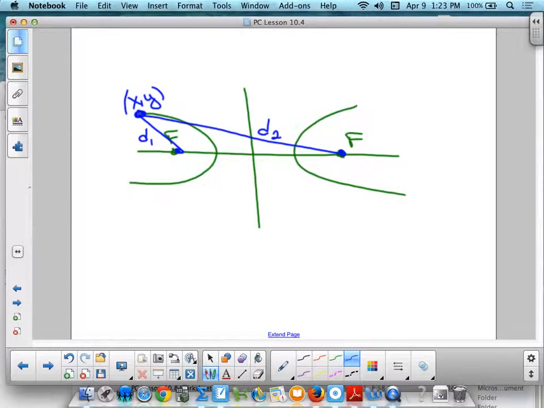What did you want me to do with those two distances? Oh, subtract them. There you go, it's subtraction. So you take the longer number, D2, you subtract the shorter number, D1, and you get some fixed number. But you and I haven't talked about this. What's the fixed number? Is it 2A again?